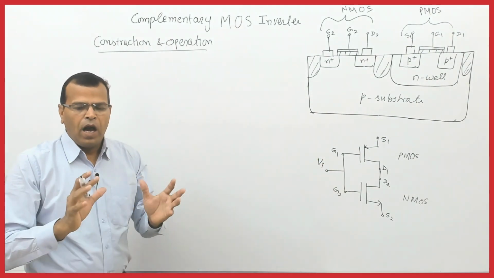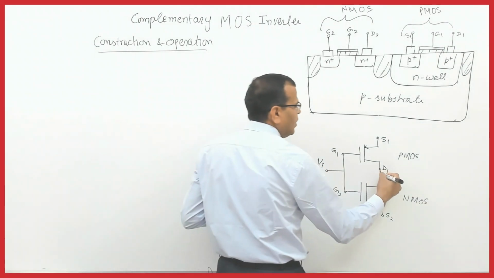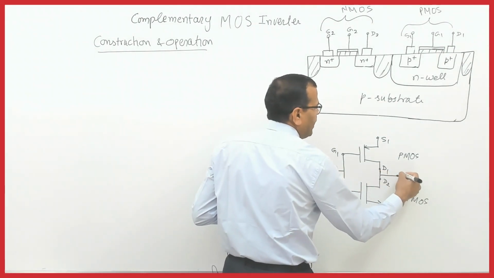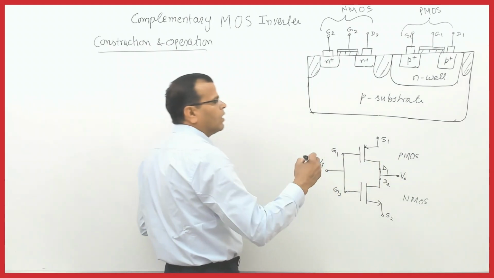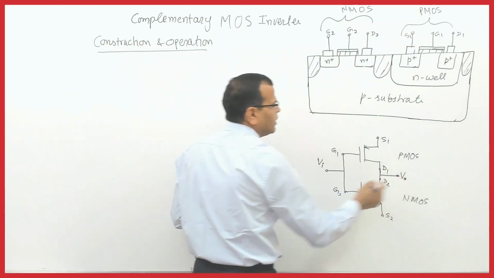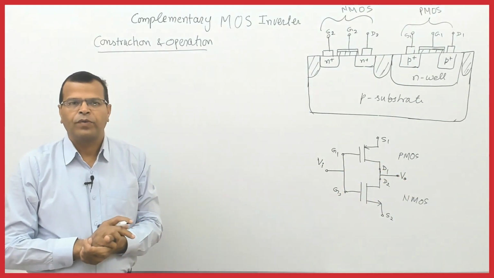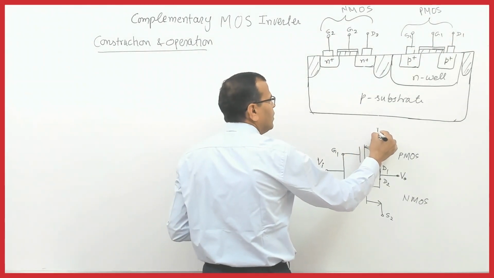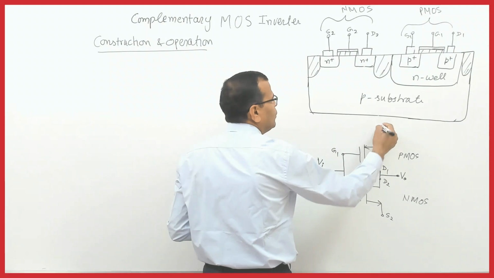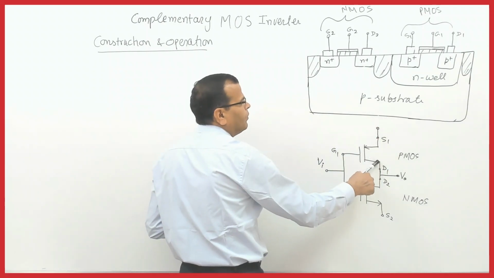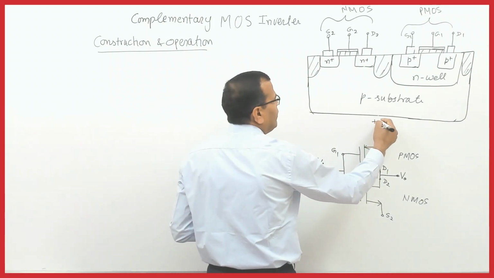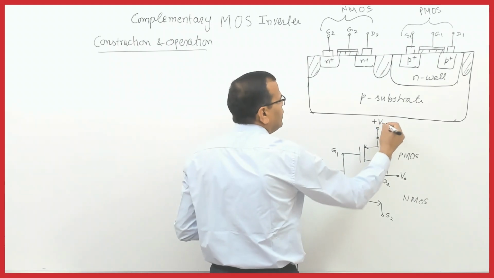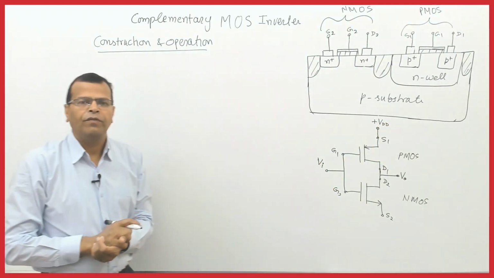The output of the inverter is taken from the drain terminals, which are connected together like this. This is the output. The supply of the CMOS inverter is given to the source terminal of the PMOS, and I will say it is VDD.